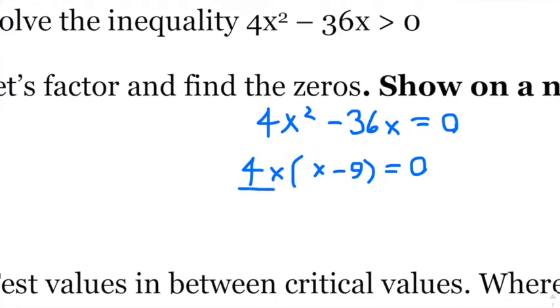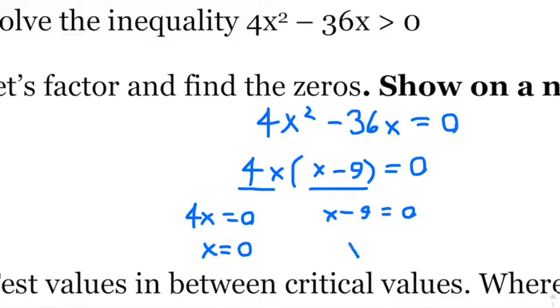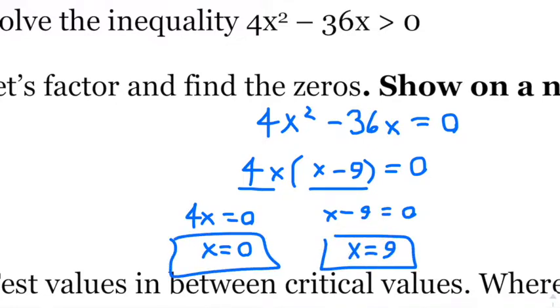Okay, and then from there, you set your factors equal to 0. 4x equals 0, or x minus 9 equals 0. And then divide, x is equal to 0; add, x is equal to 9 right there. Those are your two x-intercepts.